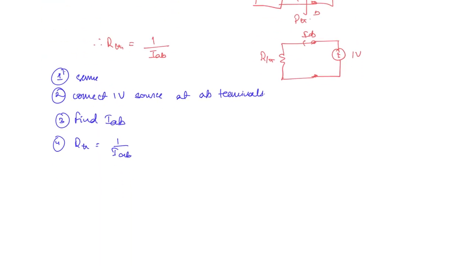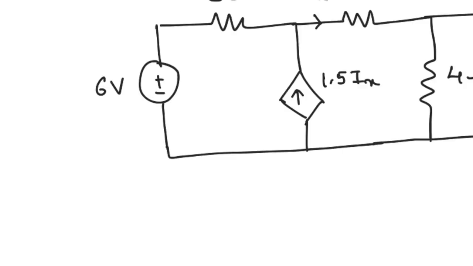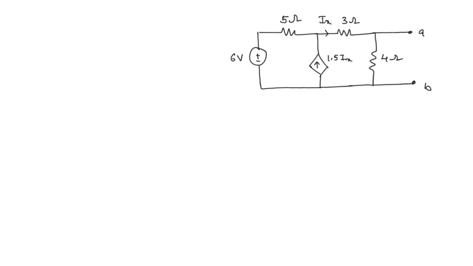So now we will find the Thevenin's resistance for our particular example. Here we have 1 dependent source and 1 independent source. You have to first turn off the independent source, so we are finding RTH using method 1. What is the first step?